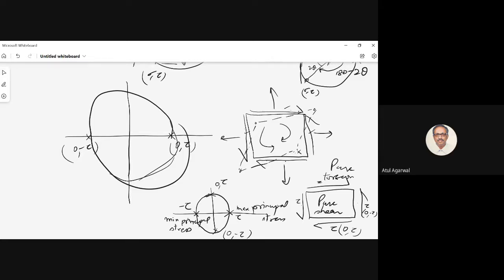So you have maximum principal stress, minimum principal stress, and you see these are the planes. This plane will be having maximum principal stress, and this plane is a compressive stress situation. So you can find planes.